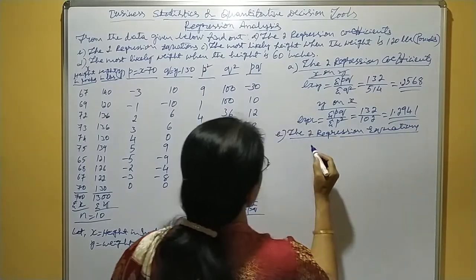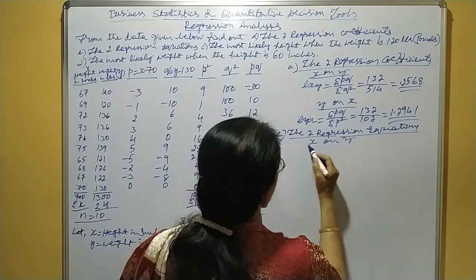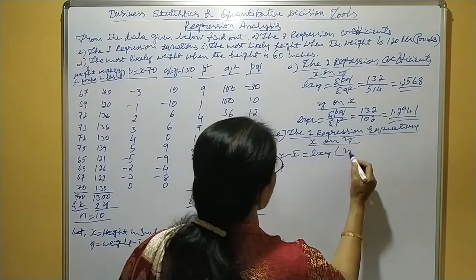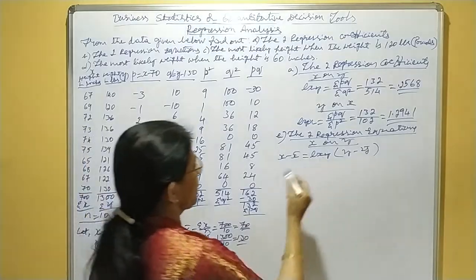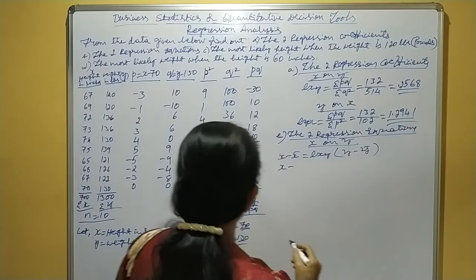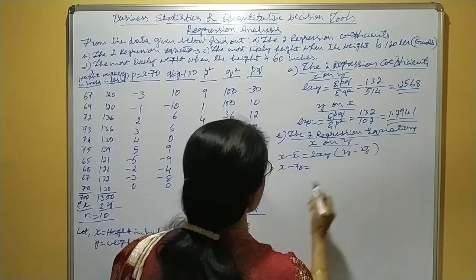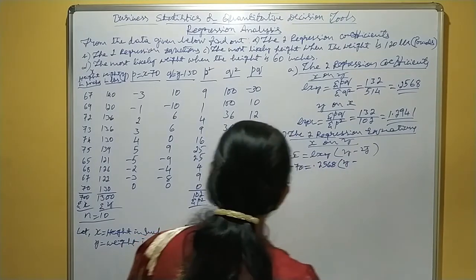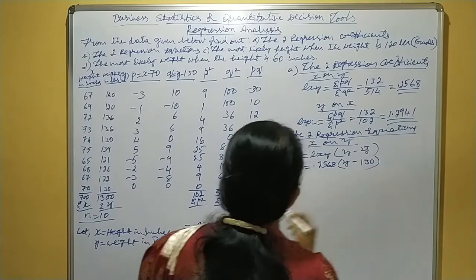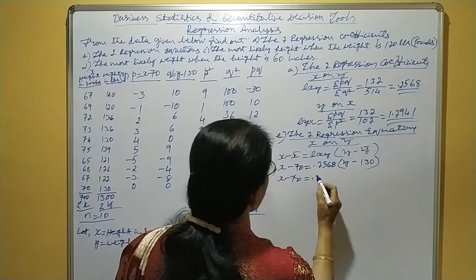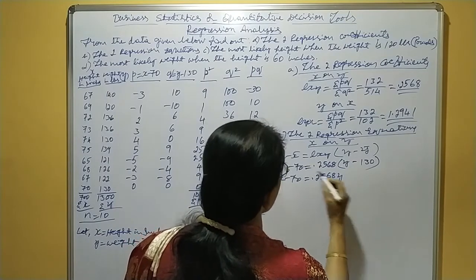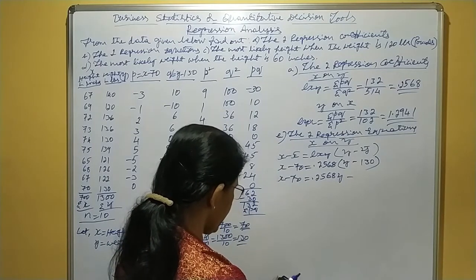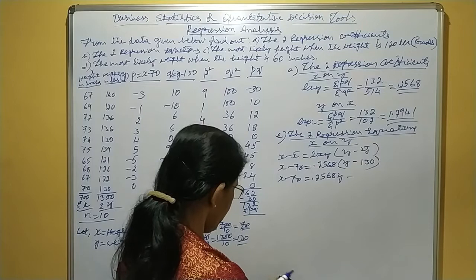Under that, again, regression equation of x on y, that is what? X minus x bar equals bxy into y minus y bar. X minus x bar 70 equals bxy 0.2568 into y minus y bar 130. X minus 70 equals 0.2568 into y plus into minus 0.2568 into 130.